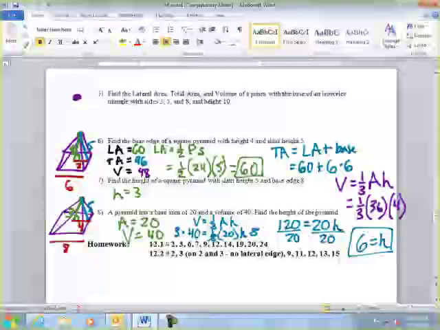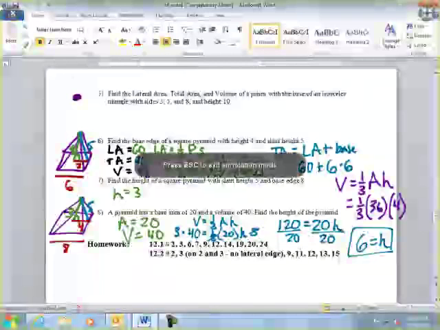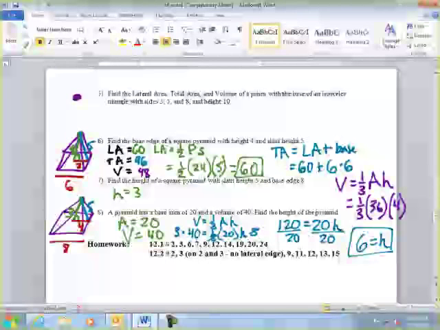So tonight's homework is the 12.2 part of the assignment. On number 2 and number 3, it asks you for the lateral edge. That is something we did not talk about, so I do not want you to do that part. What a lateral edge is, if we look at one of these pictures, that's the edge of like the corner of the pyramid, but we're not going to talk about how to find that.